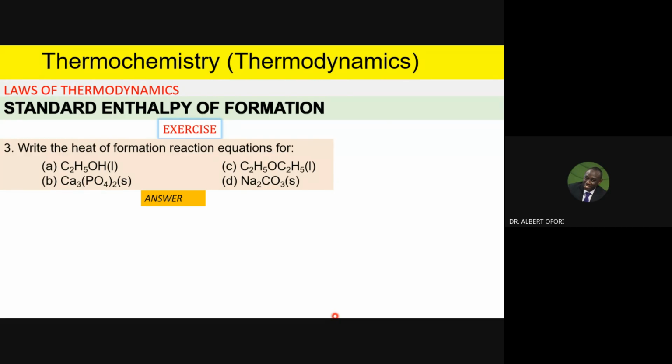But if I say standard enthalpy of formation or heat of formation, then the product should be 1 mole. Did you get what I said? If it is standard formation, then the product being formed should be 1 mole. But if it is just enthalpy, that's just going to be like the balanced equation.